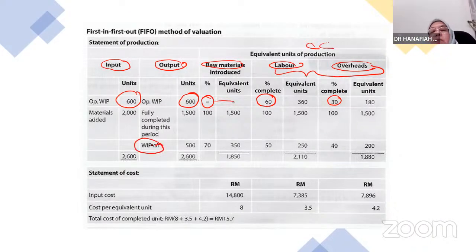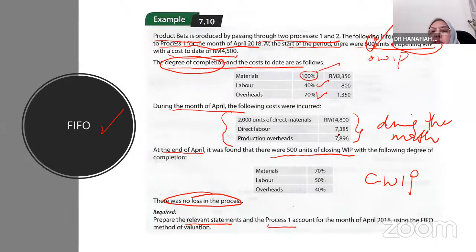You have to record the current percentage. How much is already complete? 70%, 50%, and 40%. So look here. When you want to write the closing work in progress, look at the percentage for closing work: 70, 50, and 40.